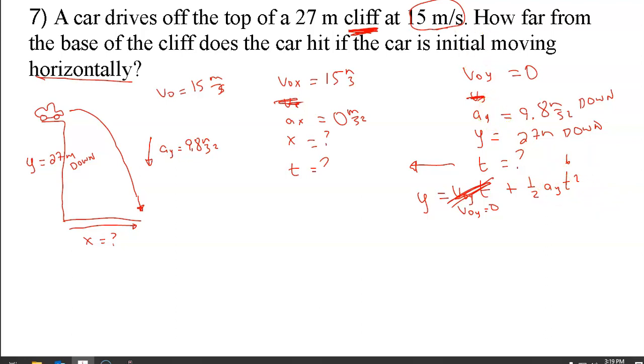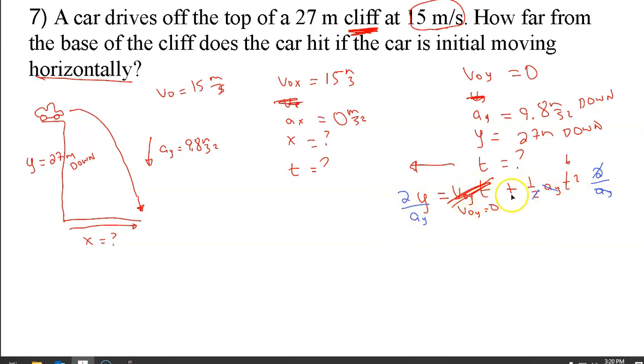So we get busy, do some algebra here. In this case, I need to multiply by 2 to cancel the 1/2. I need to divide by a sub y to cancel the a sub y, top and bottom there. If I do it on the right, I got to do it on the left. So now I'm right there.